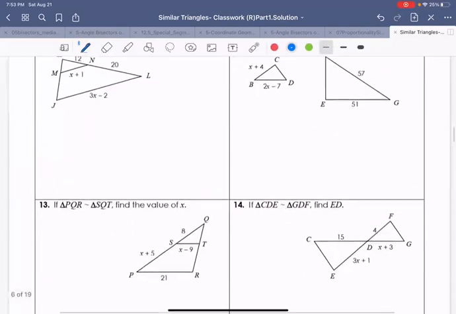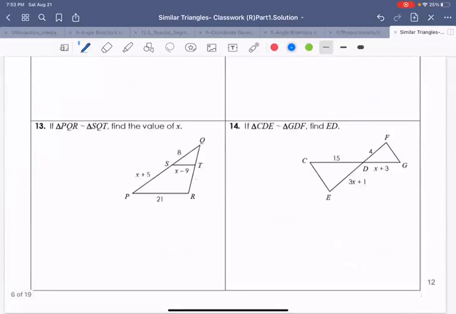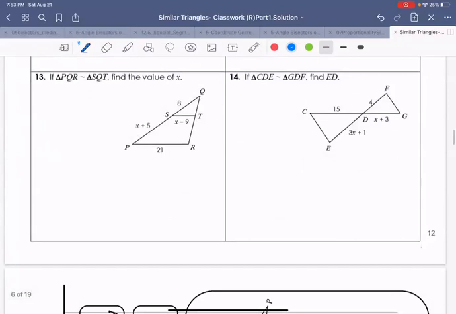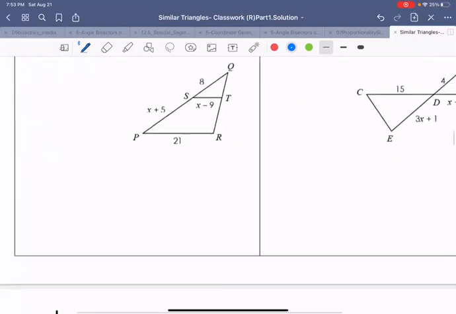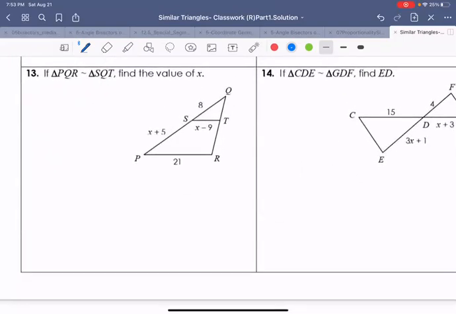Yes, we are going to jump to a little bit harder question. Ellen, question 13. Let's take a look. We want to be very careful here. Look, this piece over this whole thing equals this piece over this whole thing. So let's first write down the letters.